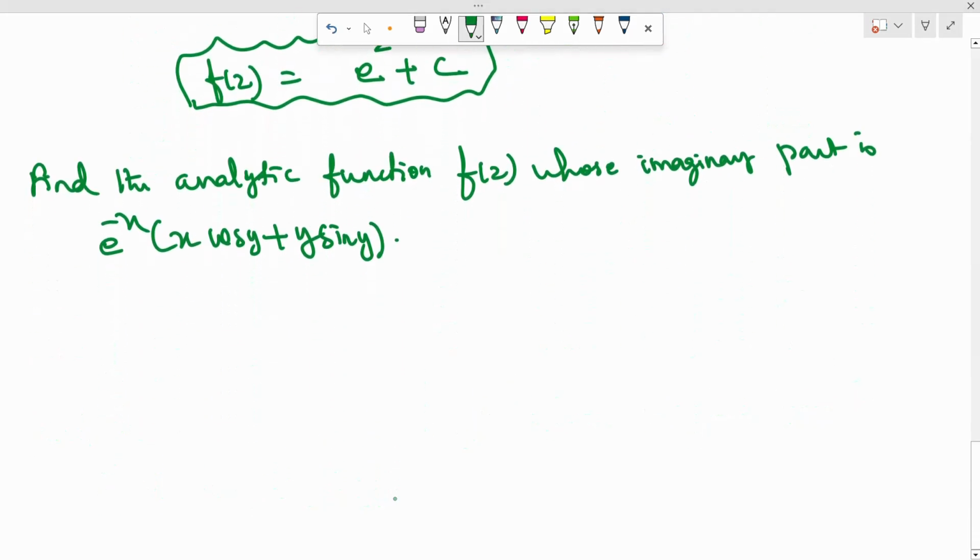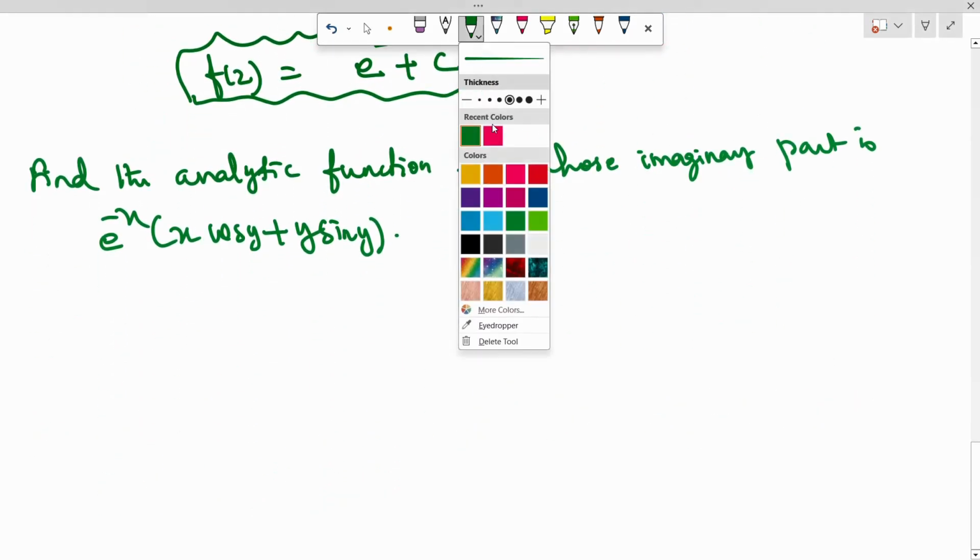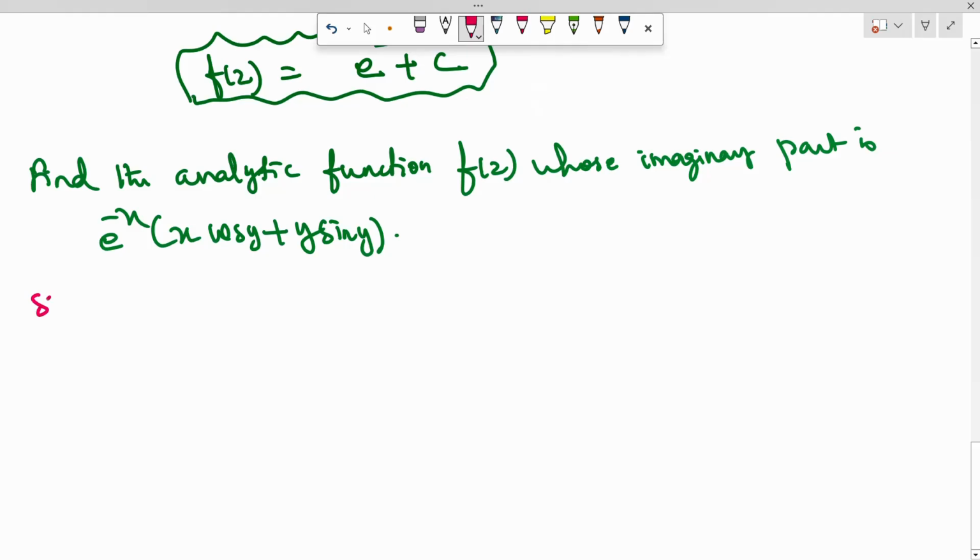Okay, in this problem, imaginary part is given, which means v is given. We have to take v is equal to e power minus x into x cos y plus y sin y.